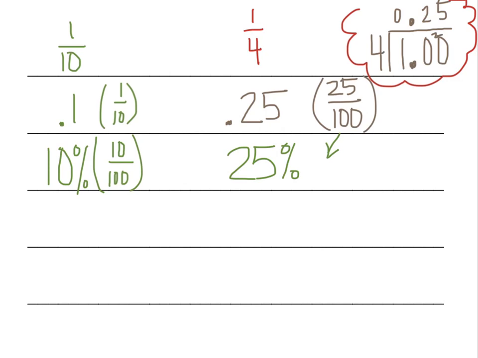Here, 4 goes into 1, and I have to add my decimal place to do it that way. Remember, if you have it out of 10, you have to add a 0 like we did over here. If it's already out of 100, we don't have to add a 0. But to get the percents, we have to be out of 100, like we were right here and like we were right there. So 1/4 is another one that you would want to have memorized.